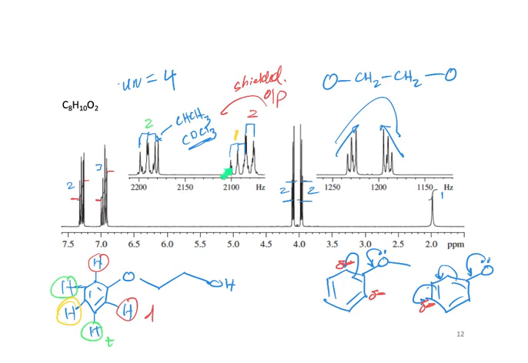And these other ones could be partly, this yellow one should have some ortho coupling and some para coupling. So it should be like a triplet, but then it should be like another triplet, right? So maybe these are little triplets. So this actually could be a triplet of triplets, and that would be pretty much what it should look like.